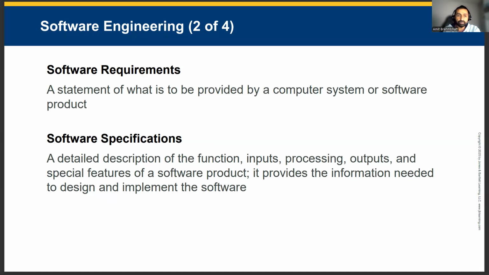Elaborating on that, software requirements describe what a system must do. They outline the functionality, constraints, and user expectations without dictating how the system will achieve them. Specifications take the next step by translating those requirements into a detailed blueprint. This includes the system's inputs, how data will be processed, expected outputs, and any special features or conditions.